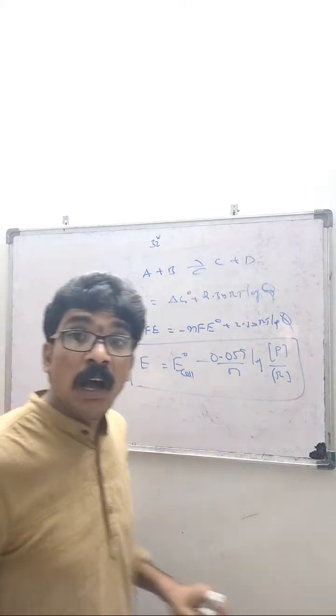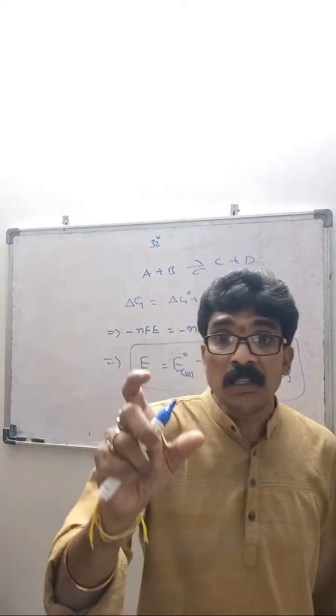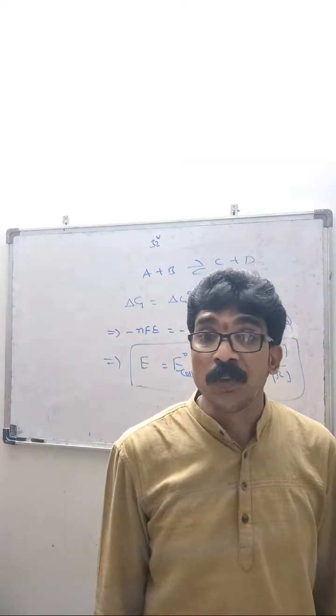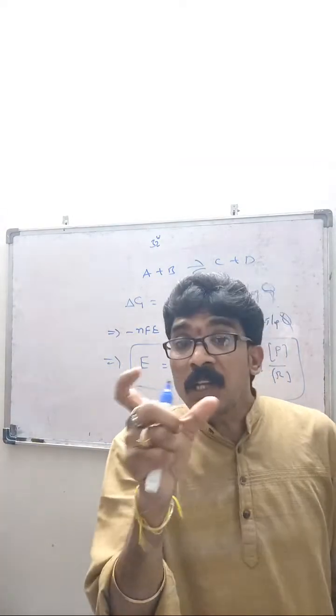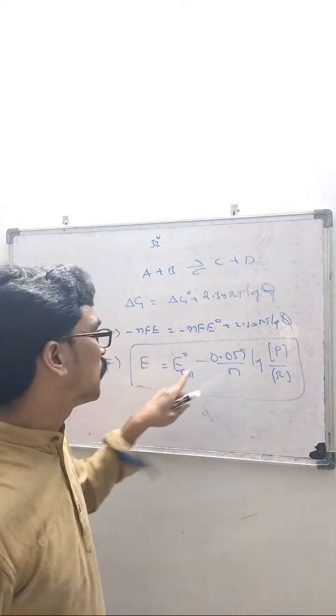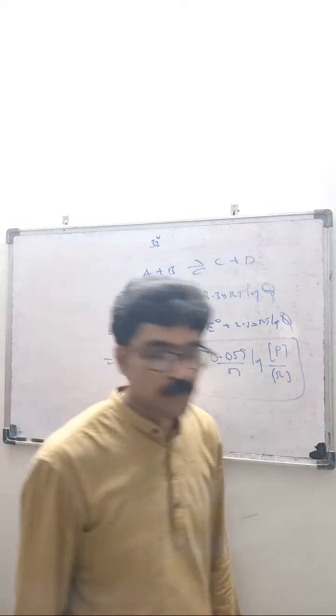When oxidation and reduction are both given simultaneously in an entire reaction, with a combination of two reactions, then how to calculate E? The major point is E naught of the cell.